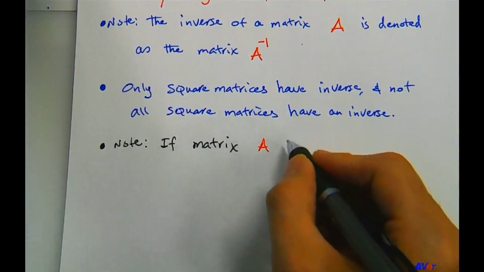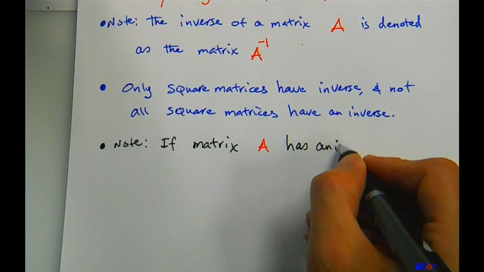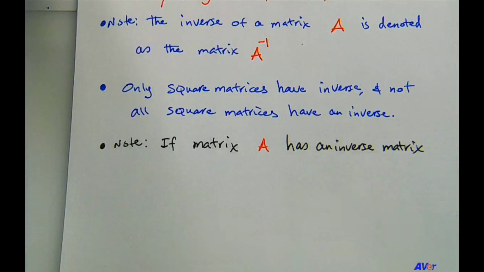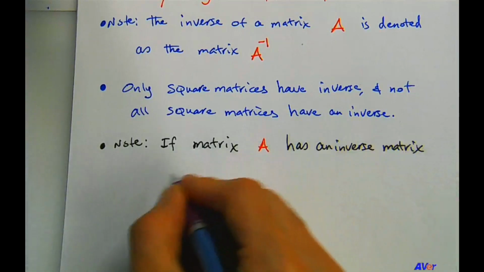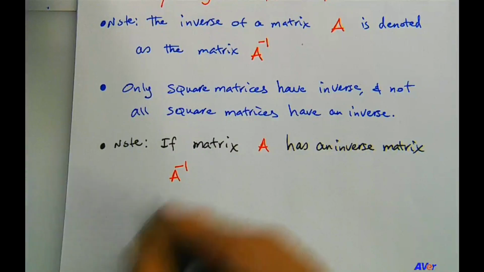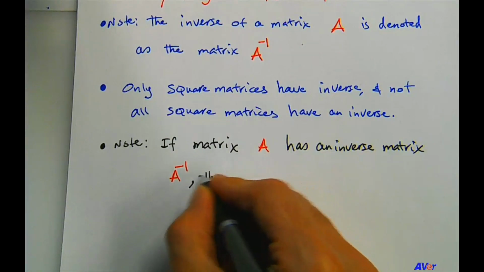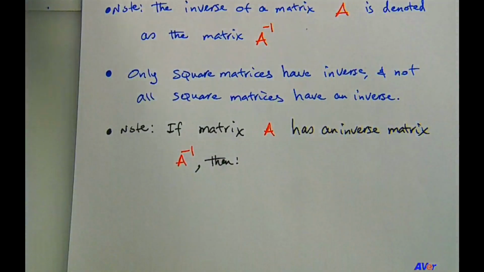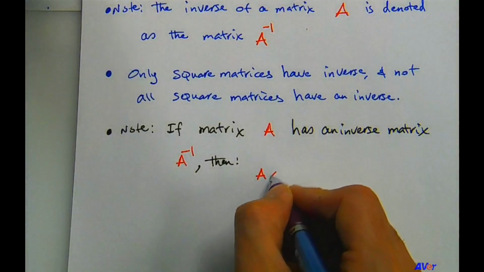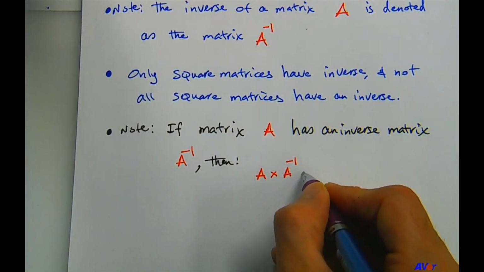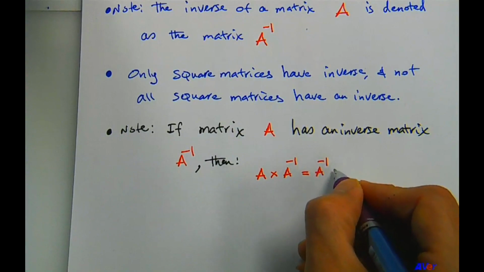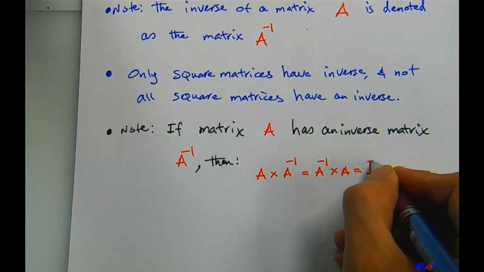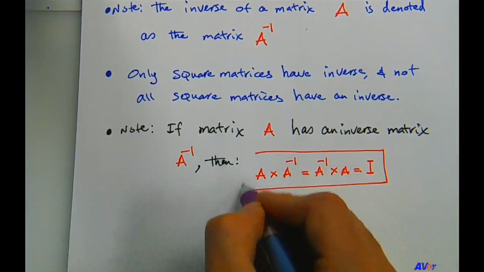If matrix A has an inverse, matrix A inverse, if that's true, then this is what we can say about the relationship between those two matrices. So A times A inverse is equal to A inverse times A, so the order doesn't matter, and equals the I, or the identity matrix.